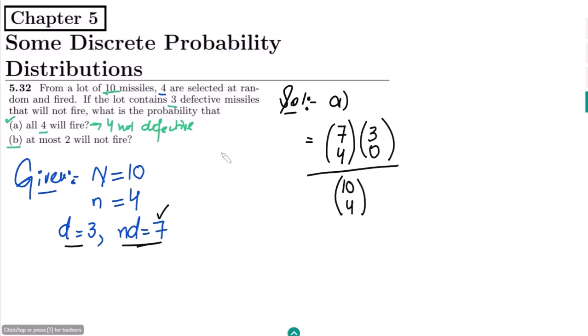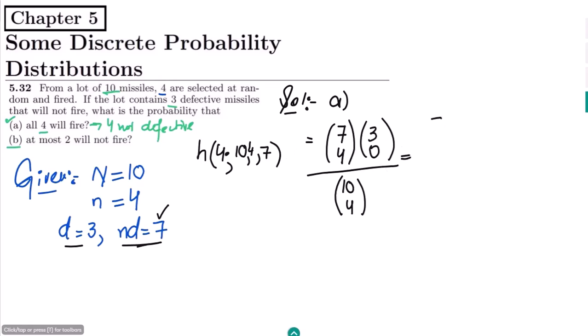This is the equation for the hypergeometric probability distribution, where I have to select these 4 items, n is the number selected, 4, and the k value here is 7.